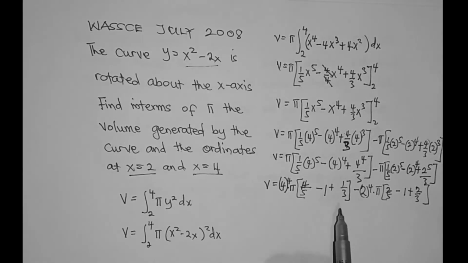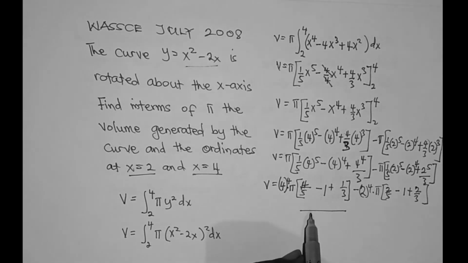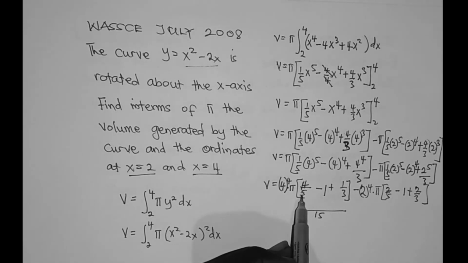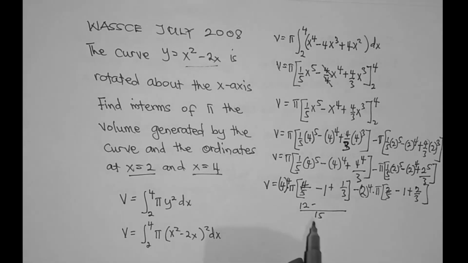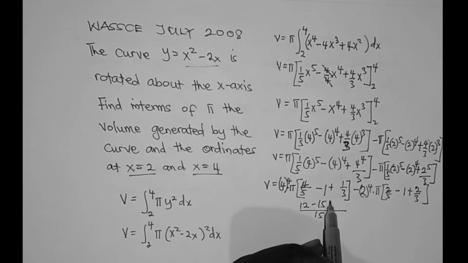So let's solve what is in the bracket. Let's find the LCM here. The LCM of 5, 3 and 1 is 15. So 15 divided by 5 is 3, 3 times 4 is 12, minus 15 divided by 1 is 15 times 1 becomes minus 15, plus 15 divided by 3 is 5, 5 times 1 is 5.